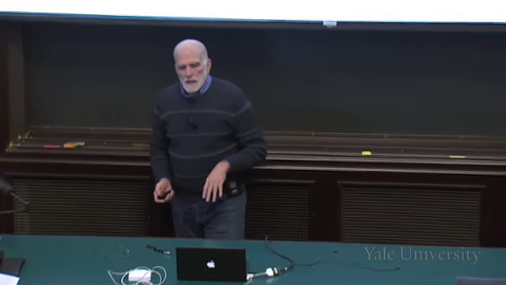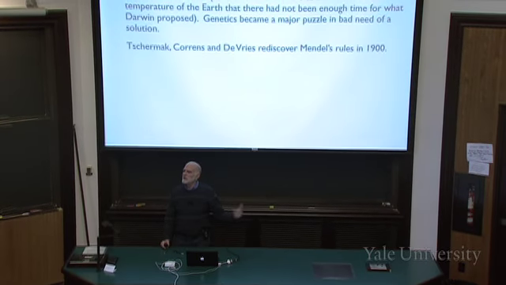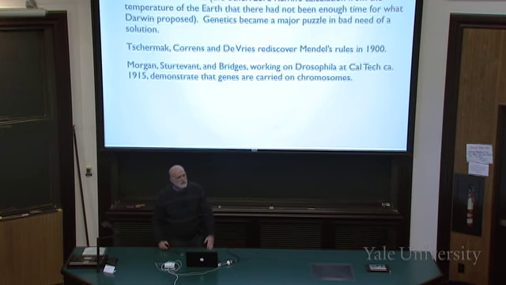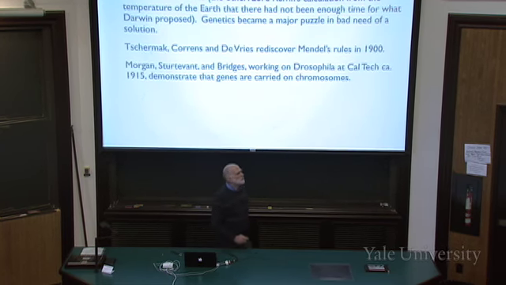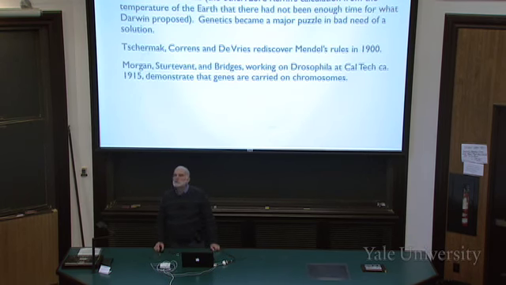So genetics became an issue. In the year 1900, there was a simultaneous rediscovery of Mendel's laws. And at that point, people went back and read Mendel's paper and realized that they had missed this 35 years earlier. Then the so-called Fly group of Thomas Hunt Morgan, Sturtevant and Bridges, who were working at Caltech, demonstrated that genes are carried on chromosomes.